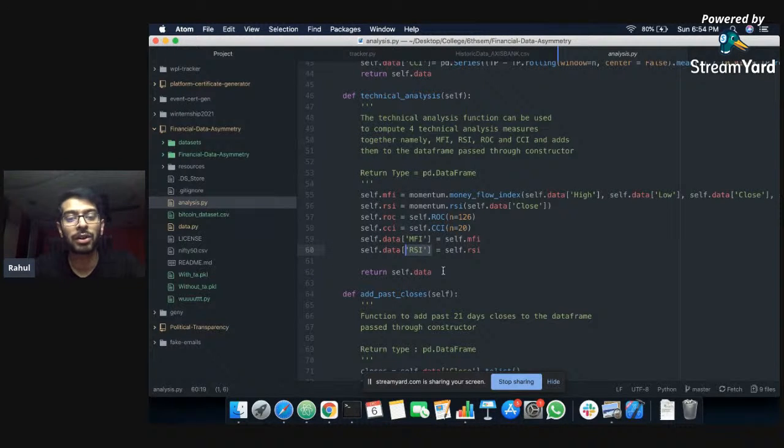How can you add a column to a data set? It's very simple. All you need to do is call that data frame and reference it, mentioning a column name within square brackets. In case that column does not already exist, it'll create a new column for you.